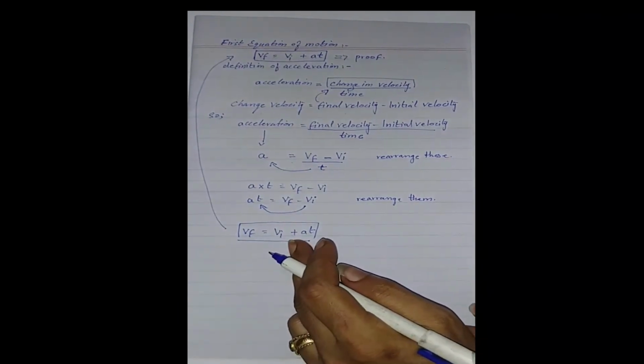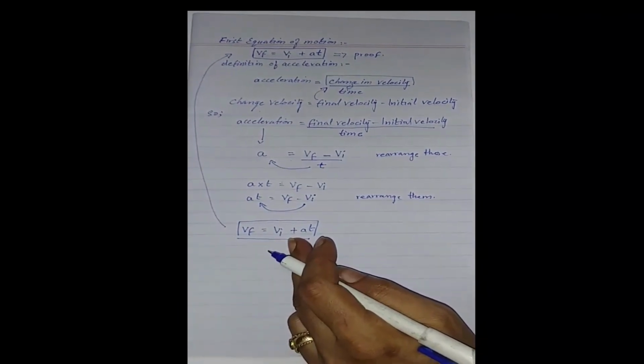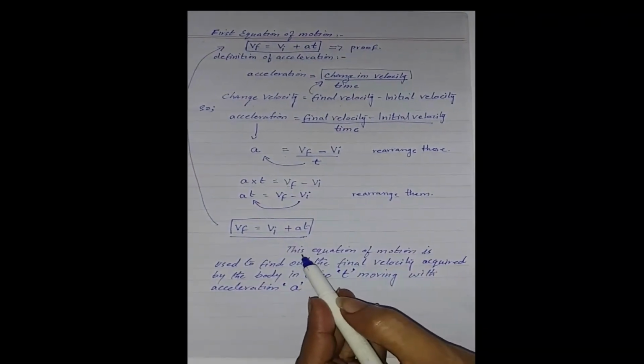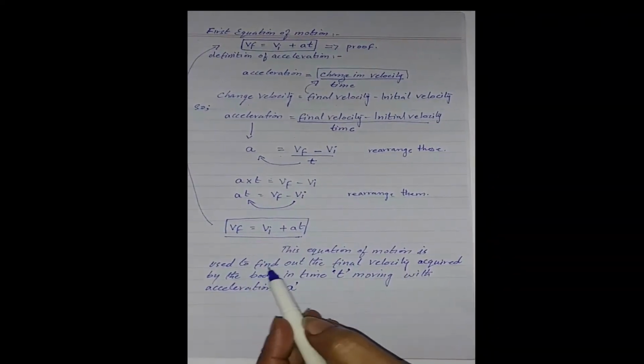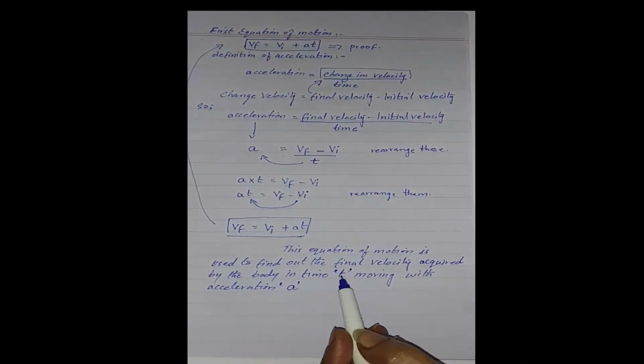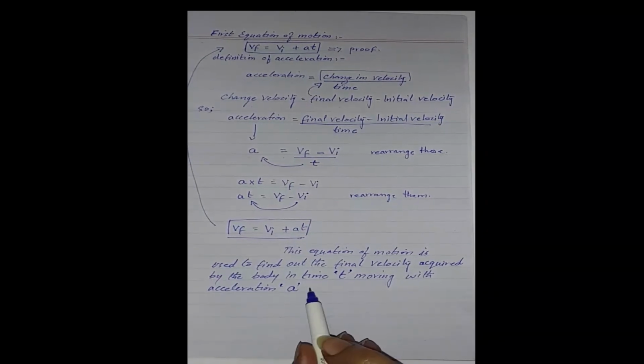This is Newton's first equation of motion. This first equation of motion is used to find out the final velocity acquired by the body in time t moving with acceleration a.